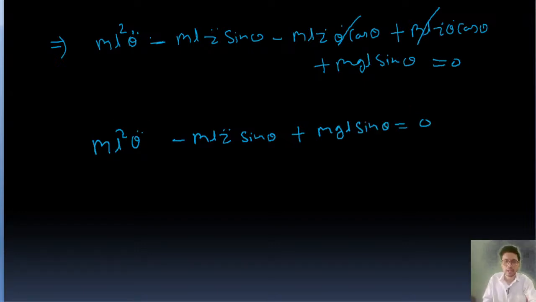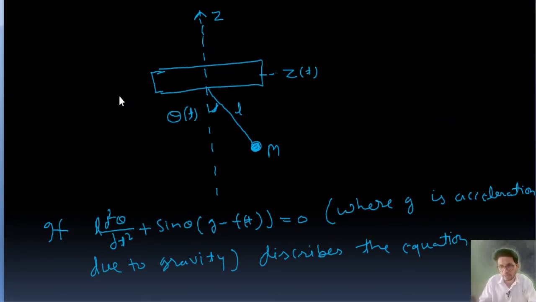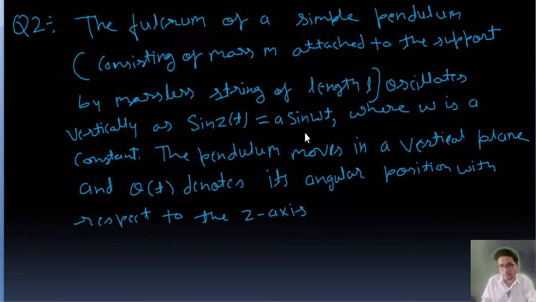Now guys, we have been given z. Here in the question it is given like this, but actually this should be z equal to a sin omega t, so you can correct it.